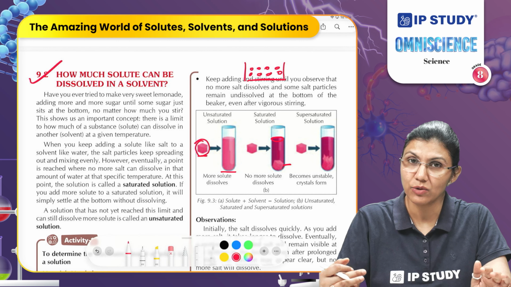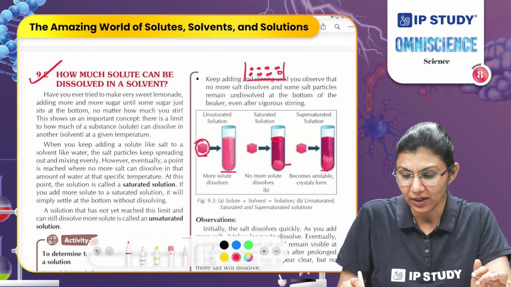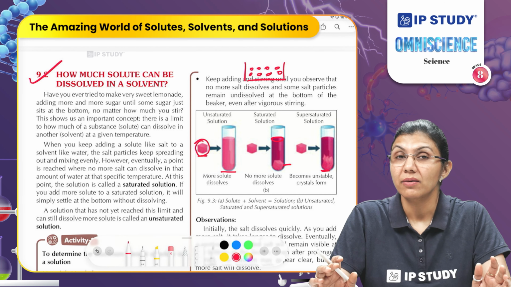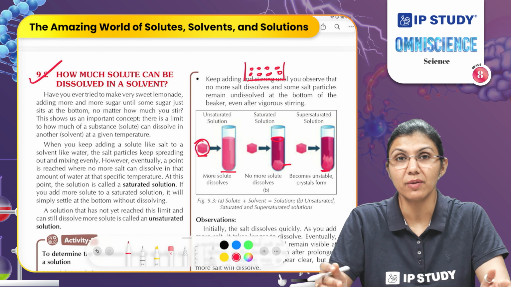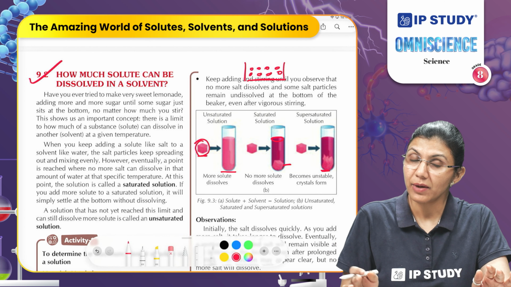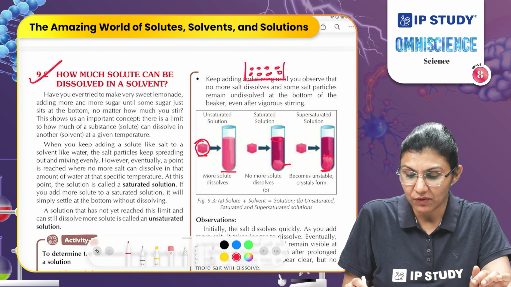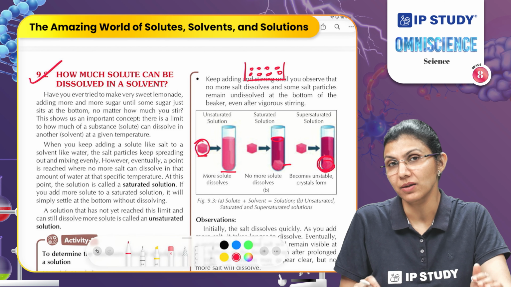So when you start heating it up, this solute will start dissolving in the solvent. But as soon as you cool it down, the solution will become unstable, and the crystals of the solute will start settling at the bottom again.